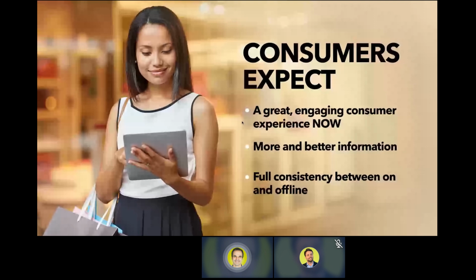More and better information on packaging is also very important right now. Think about allergies. You want to know precisely what the ingredients are that you eat. And a consistent product appearance, of course, no matter if you purchase online or from the shelf.